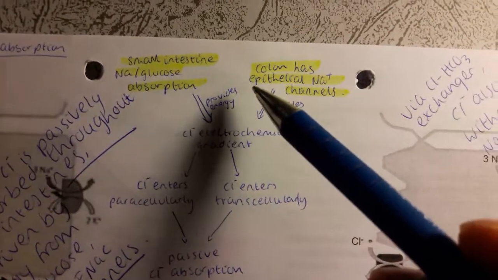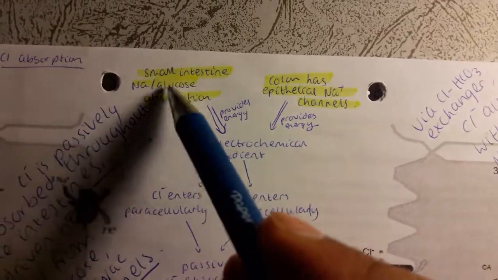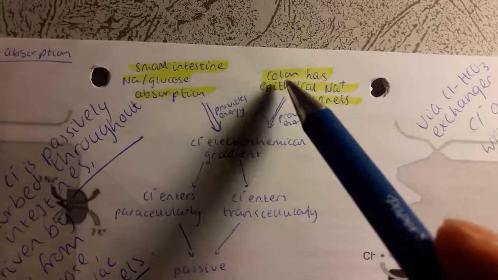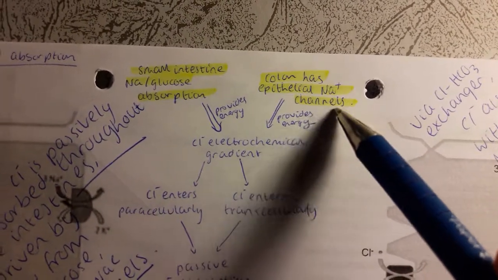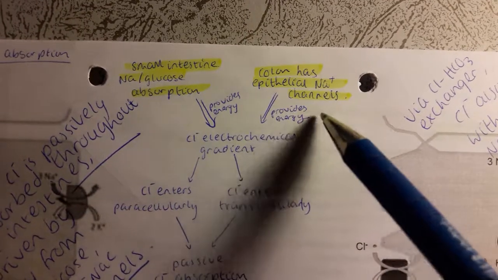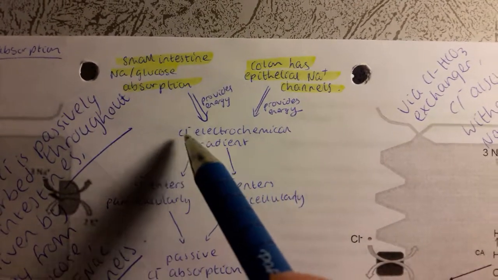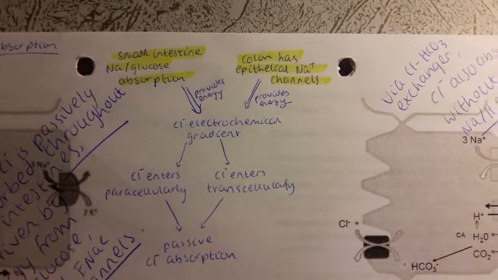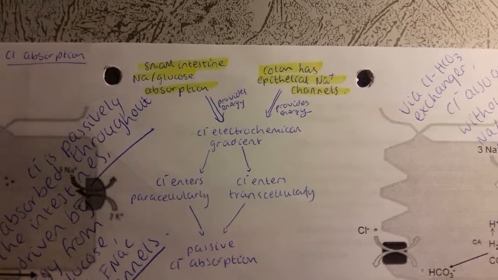So let's have a look at that. In the small intestine, sodium and glucose are absorbed through co-transporters, which provides energy. And the colon has epithelial sodium channels called ENaC channels, which also provide energy. This creates an electrochemical gradient, which causes chloride to enter the body.